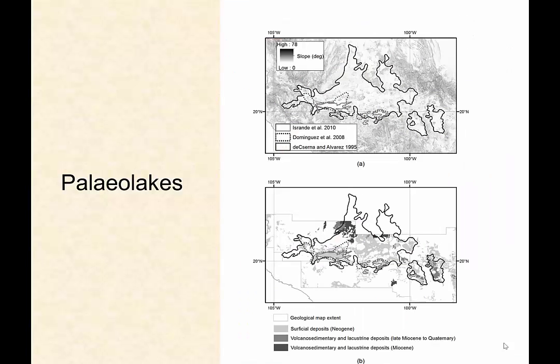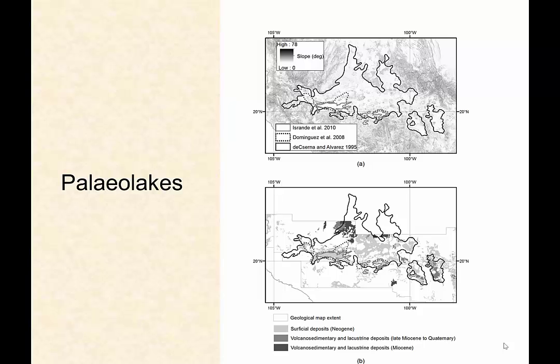Also, paleo lakes. One thing that I did was look at the slopes. It's highly questionable how large these lakes were. This is approximately 1,000 miles long, a humongous lake, potentially. Other people don't believe that this was ever one lake and think it might have been a series of sub-lakes.